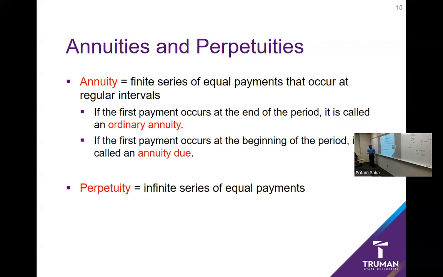Let's say you want to invest today and get an equal amount of cash flow at equal intervals forever: perpetuity. Make sense? In general, perpetuities are basically at the end of the period. Any questions? Annuity, perpetuity.